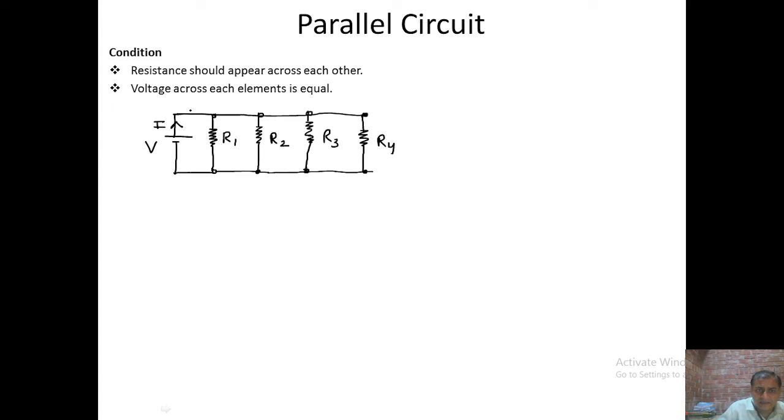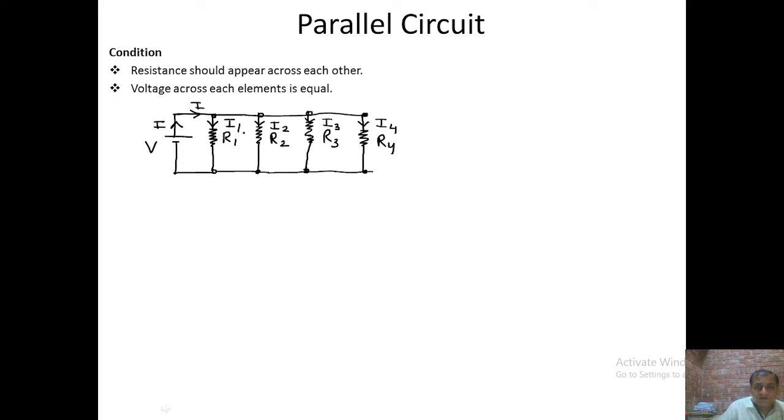So this current is I ampere here, but this current is divided into four parts. This resistance has a current of I1, this resistance has a current of I2, this resistance has a current of I3, and this resistance has a current of I4.